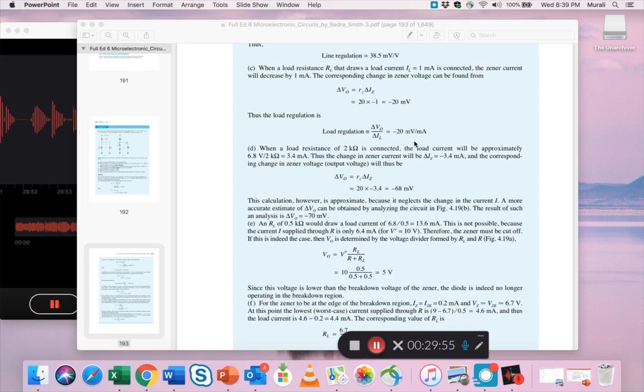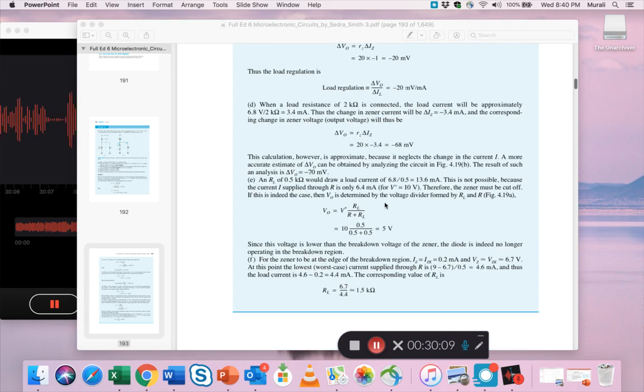We have a 10% change in voltage, that means plus or minus 1 volt, but you will see that the changes in the output voltage are as low as like 20 millivolts and so on.